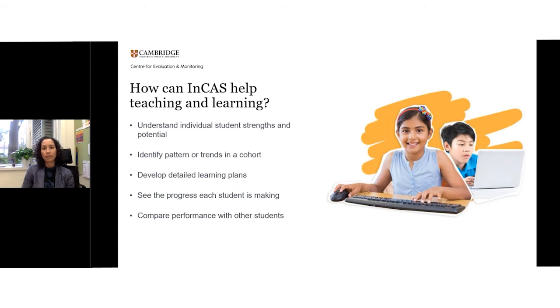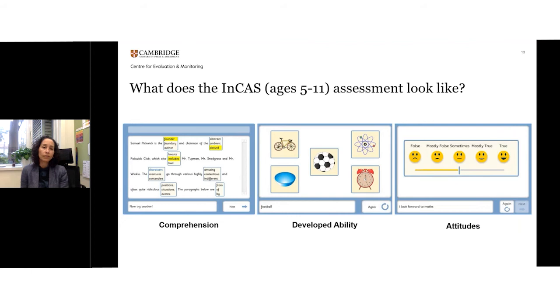So I'm now going to quickly show you a slide, just before we move on, to show you what the assessment actually looks like for the students. You can see there's a range of different things that we're assessing: comprehension, developed ability, and attitudes, and it's all presented in a way that is designed to be friendly and engaging for the students.